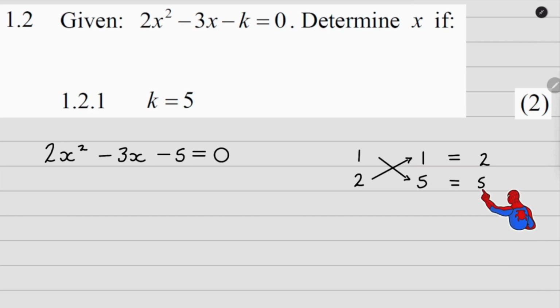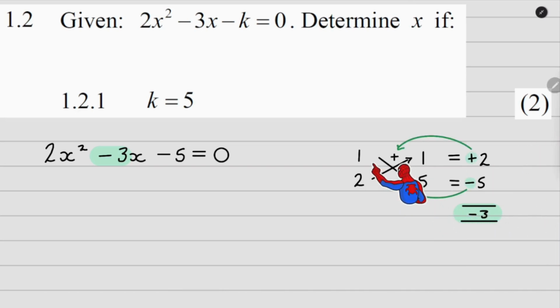And now I somehow need to add or subtract these two numbers to get this minus 3 in the middle. And I think I can get that accomplished by saying plus 2 minus 5. Okay, so plus 2 minus 5 is definitely working to get me that minus 3. Now I transpose these signs back in over there.